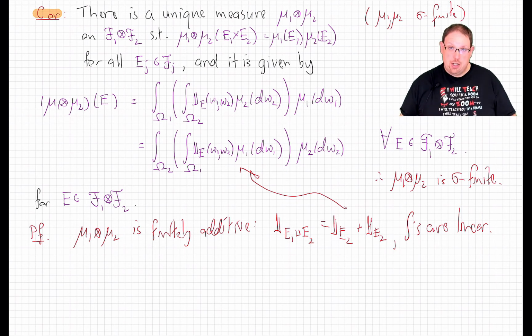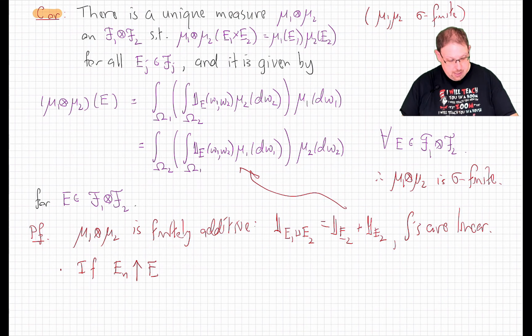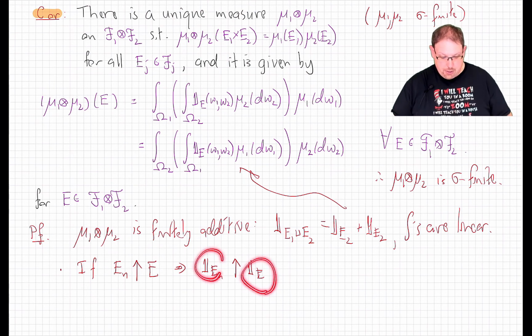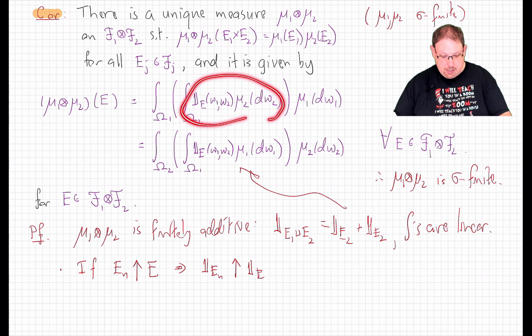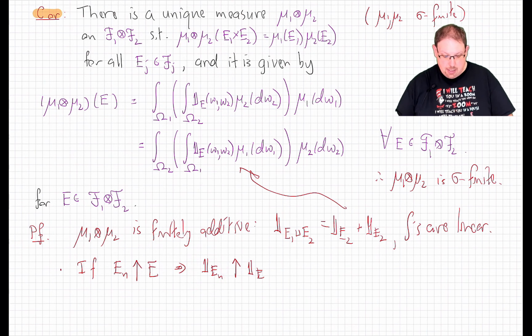Now, in order to show that it's a genuine measure, to show that it's countably additive, it suffices to check that it's continuous in the sense that if I have a sequence En of measurable sets in the product sigma field that increases to a set E, then the product measure of En should increase to the product measure of E. Well, this implies that the indicator function of En increases pointwise to the indicator function of E. These are non-negative measurable functions, and so the inside integrals will have the same property, that the integral with respect to one variable of this increases to the integral of this by the monotone convergence theorem.